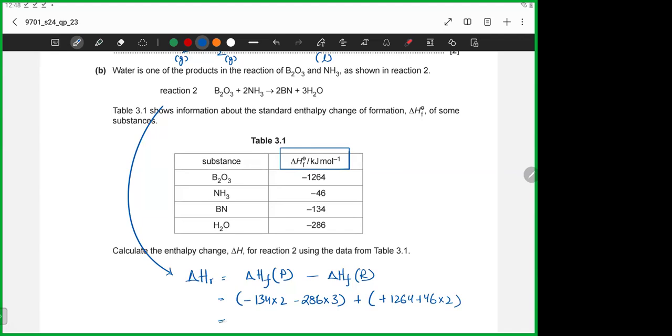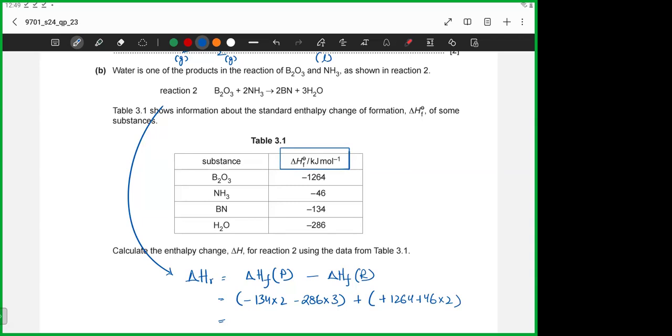So Kiara, what are we getting? The answer is coming to negative 2482.